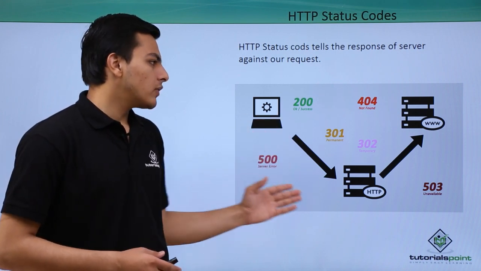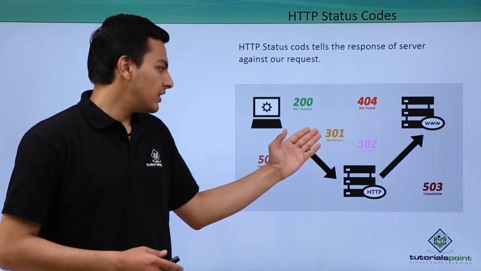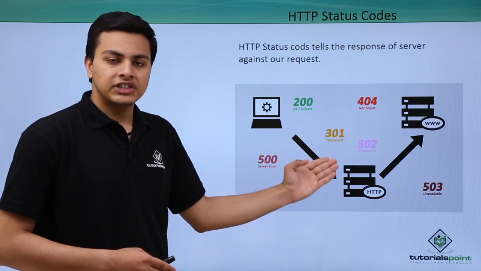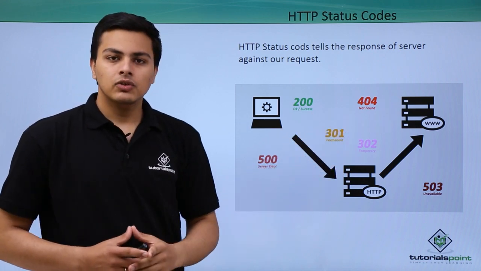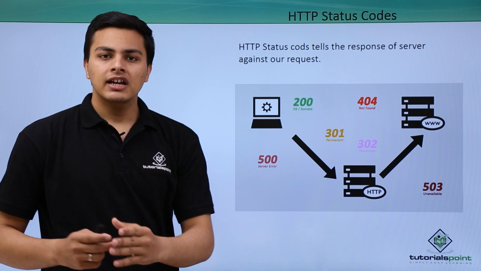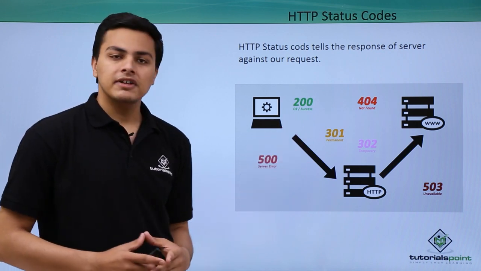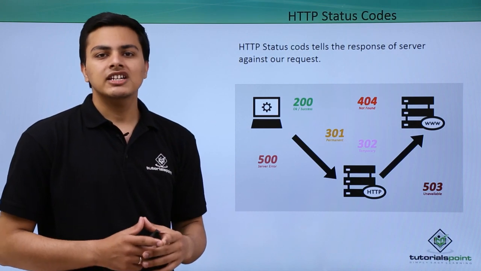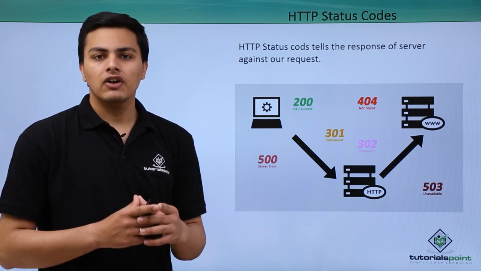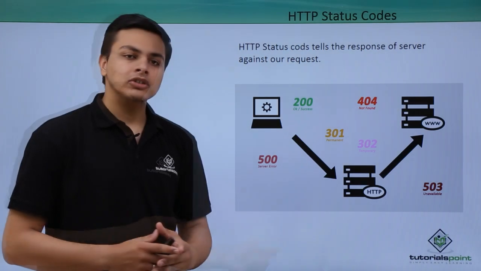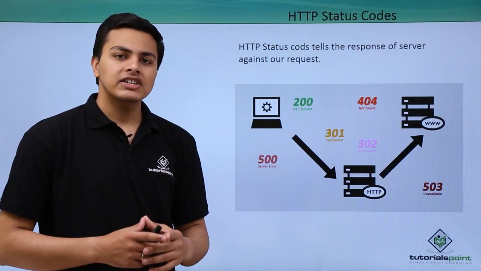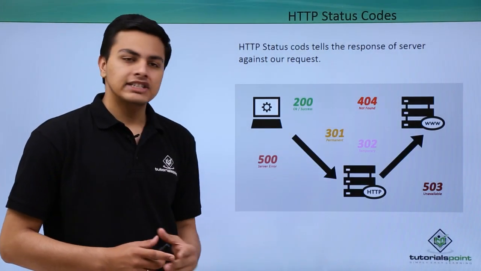Here are different kinds of HTTP response codes you can see, like 200, 400, 300, 500. If we are successfully able to access our resource, then we get the HTTP response code 200, which is for OK or success. The response codes responsible for redirection are 301 and 302.